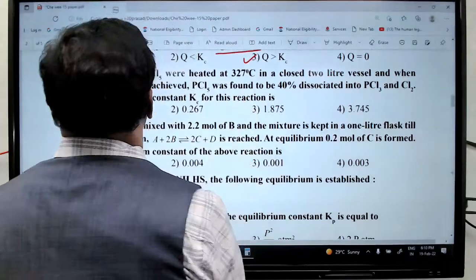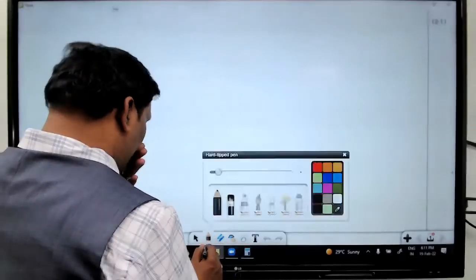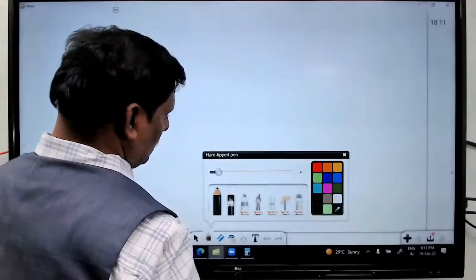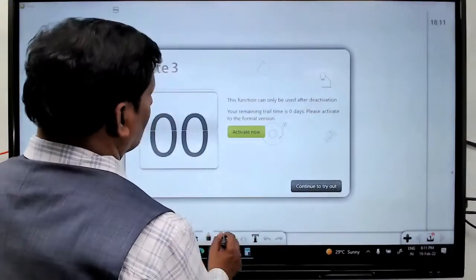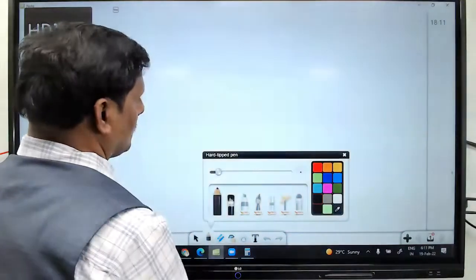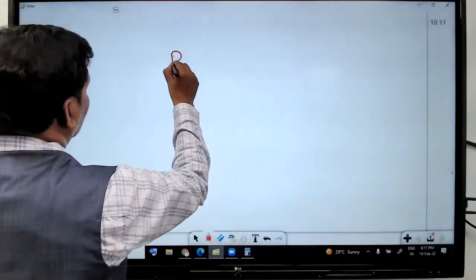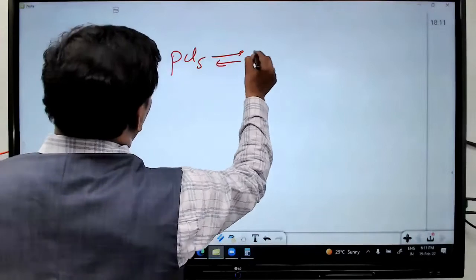Question number 147. 2 moles of PCl5. When equilibrium was achieved, PCl5 was found to be 40% dissociated. PCl5 dissociates into PCl3 plus Cl2.